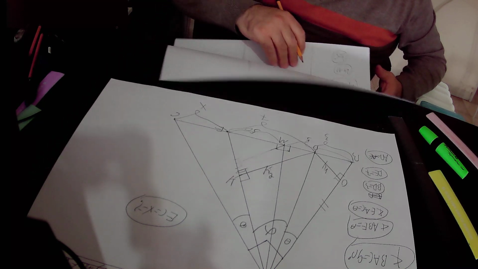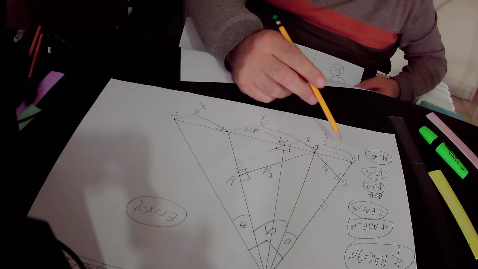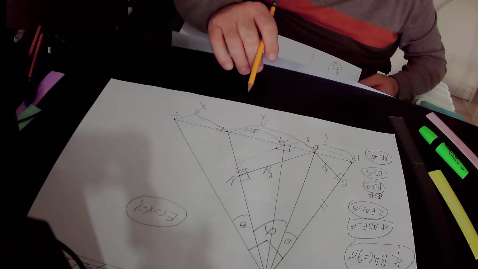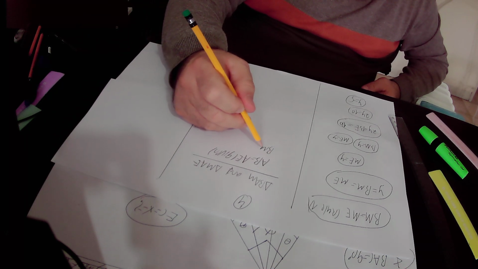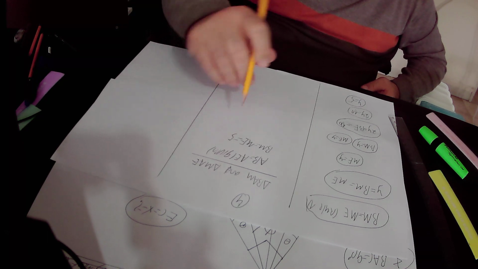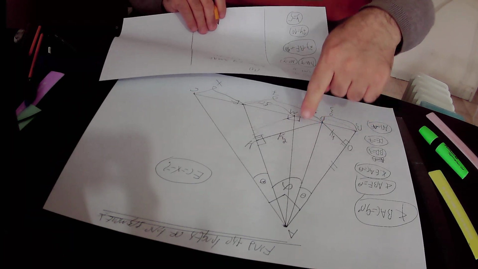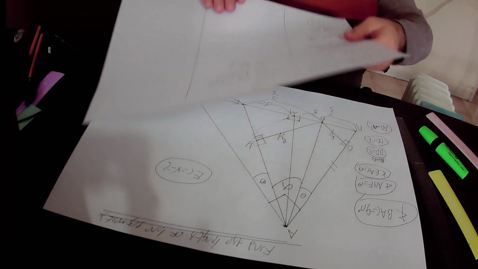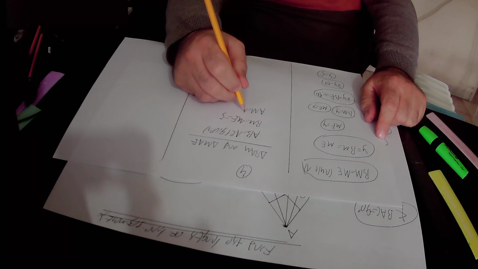And we just found out that according to rule number 1, BM equals ME equals 5 units. And we also have a common side: AM equals AM is a common side that belongs to both triangles.